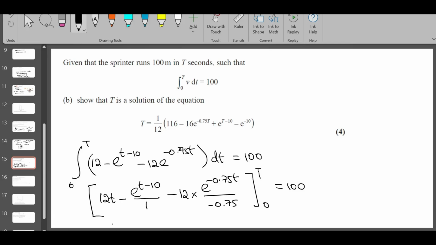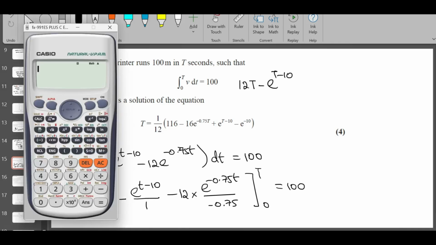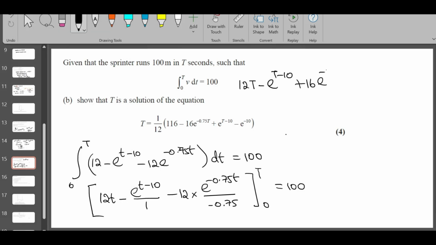So when you sub in the upper limit, basically you are going to change all the small t to capital T. So it's going to be 12T minus e power T minus 10 and then minus 12 divided by minus 0.75, that's positive 16 e power minus 0.75 capital T, that's upper limit, minus.